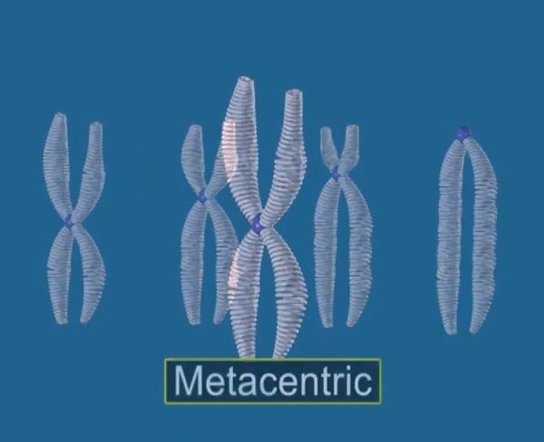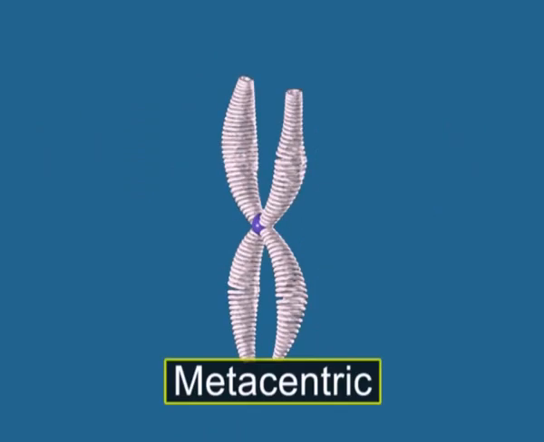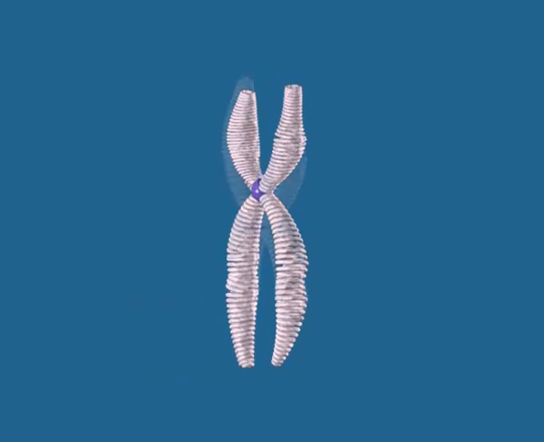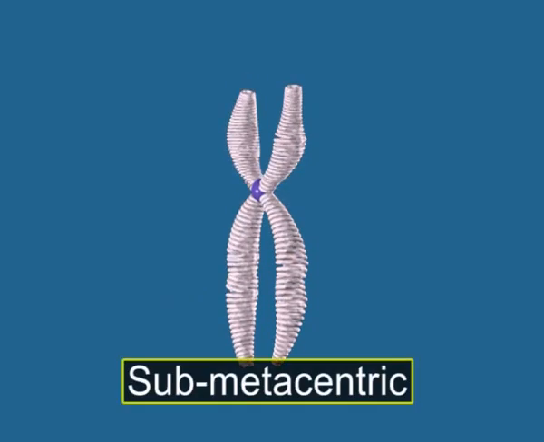The metacentric chromosome has middle centromere forming two equal arms of the chromosome. The submetacentric chromosome has centromere slightly away from the middle of the chromosome, resulting into one shorter arm and one longer arm.